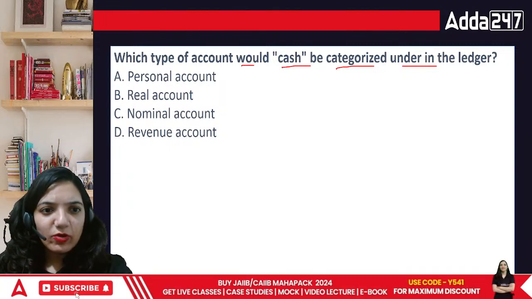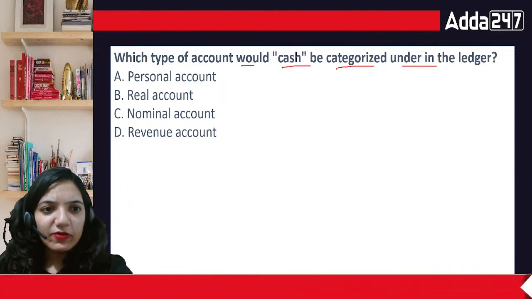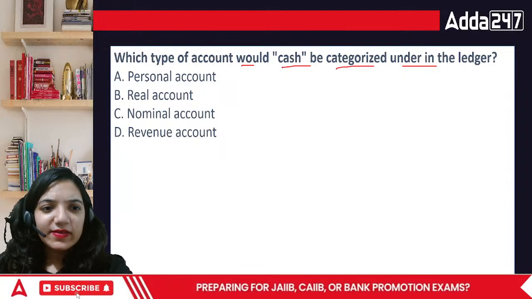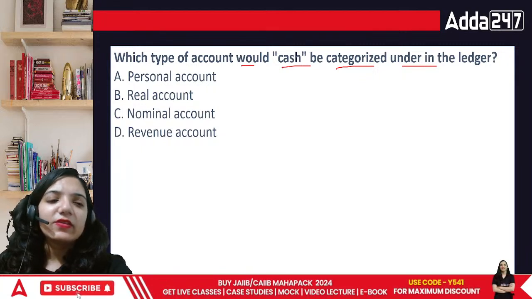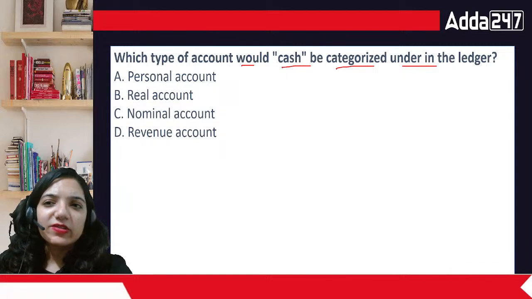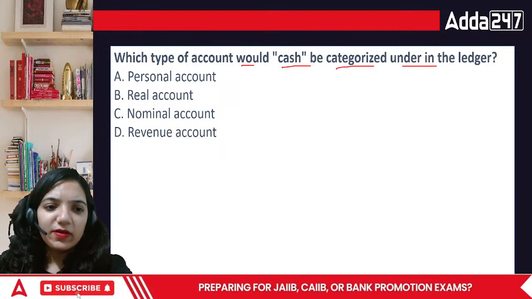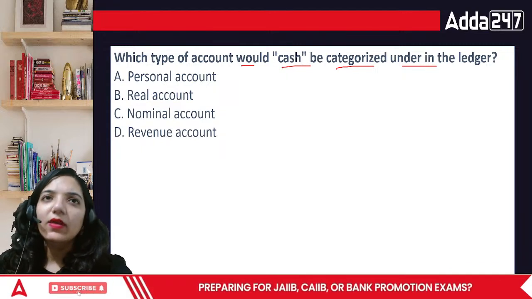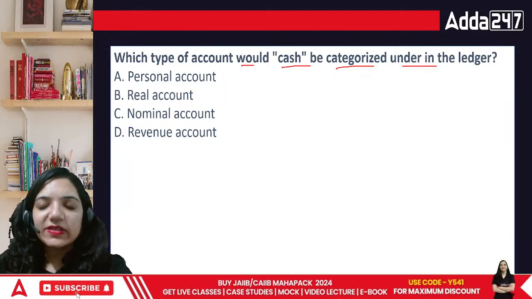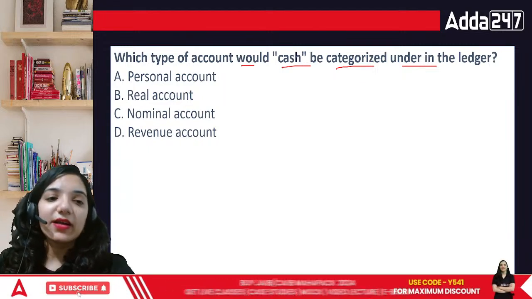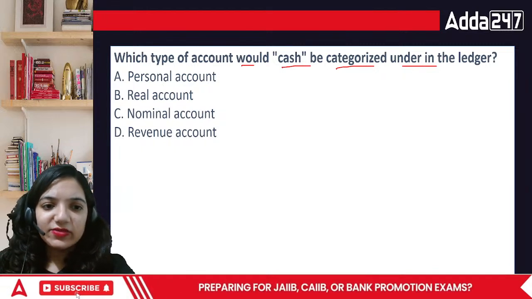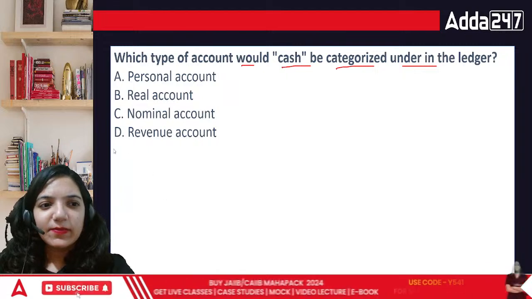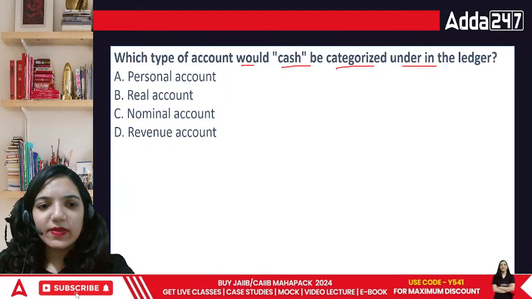Cash plays a very important role, but where would you put the topic of cash? Cash is basically a real account. It talks about an asset. So in this case, it's a real account. Done.